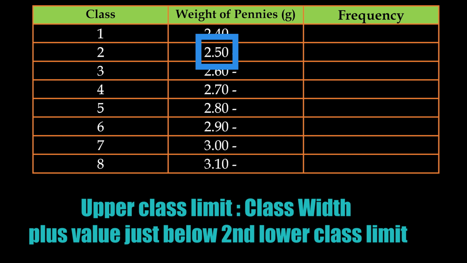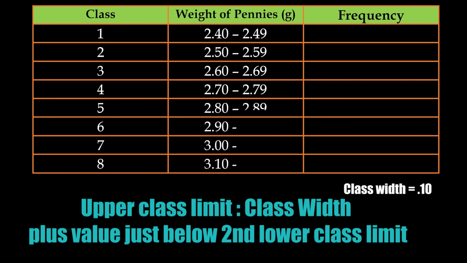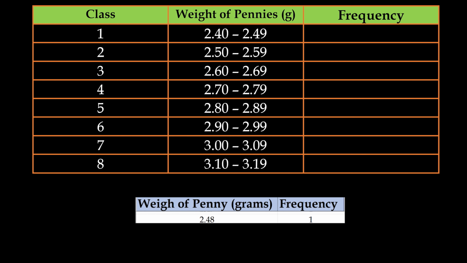The number just below it would then be 2.49. To find the rest of the upper class limits, just keep adding the class width to the previous upper class limit. Now all we have to do is fill in the frequency by looking at our data.